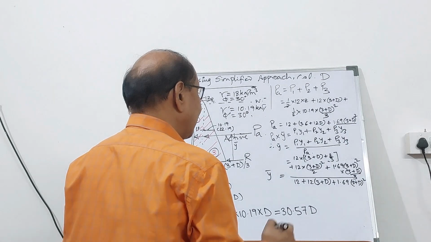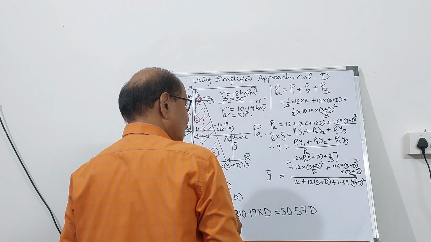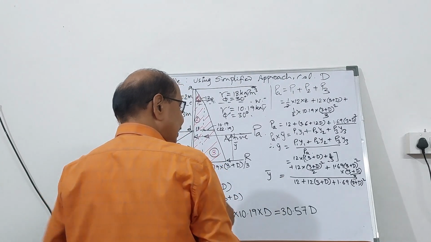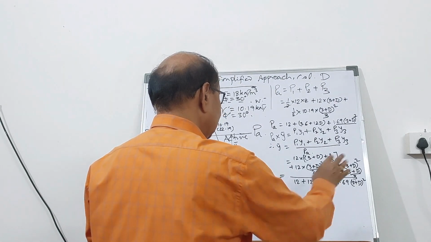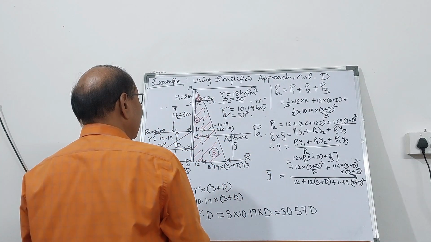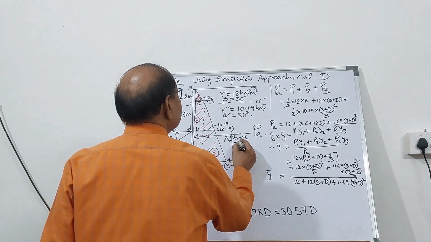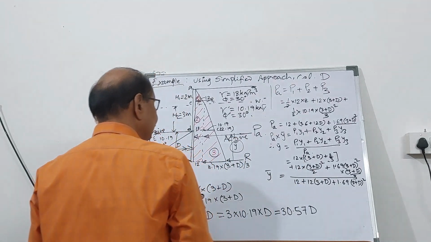So y bar in terms of d, you are getting it, and you can simplify it further and calculate the value of y bar. So you get the value of y bar in terms of d.